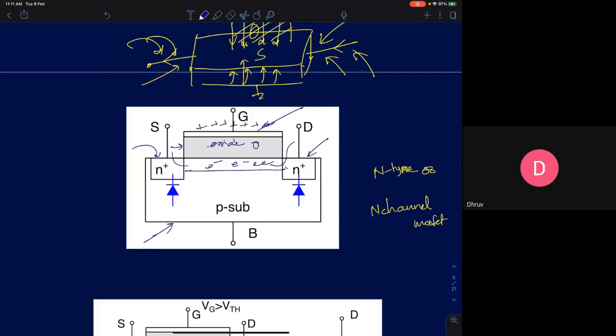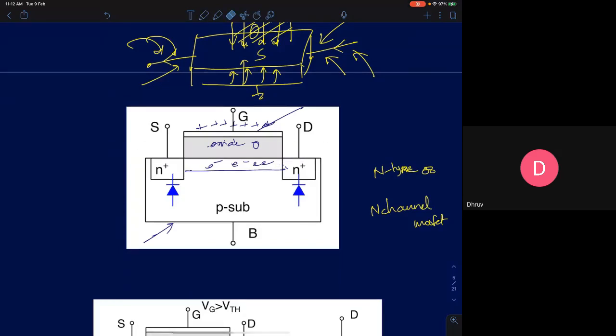If I create small P pockets here, will there be conduction? If the carriers are electrons, they cannot travel in a P region, right? So you need an N plus region for conduction to take place. That's why they are N plus regions.